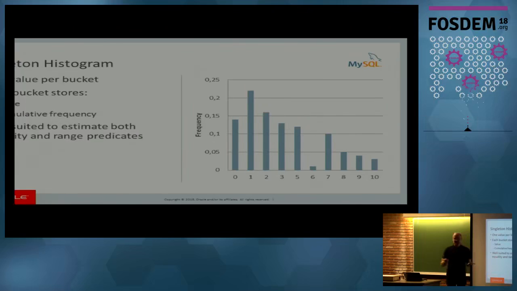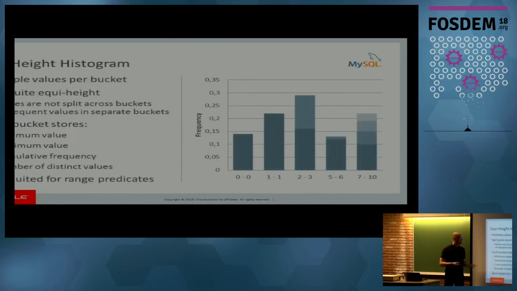But often you have columns that can take very many values, and then you can't have one bucket for each value. So then we have something called equi-height histograms, which can have multiple values per bucket. The ones we have implemented are not true equi-height, because unlike the basic equi-height histograms, we do not split values across buckets.